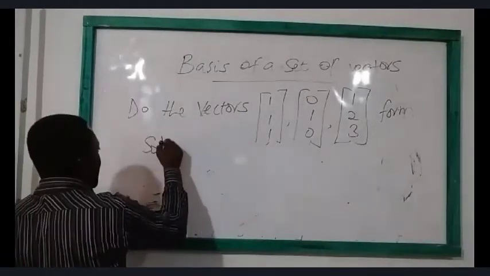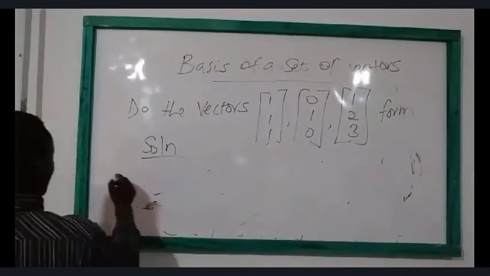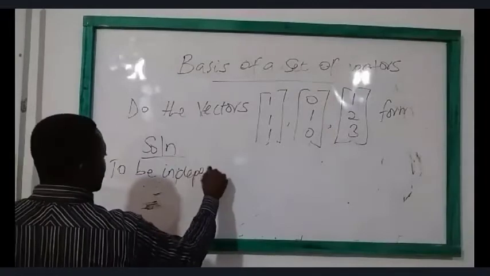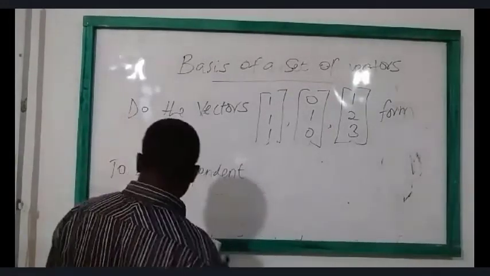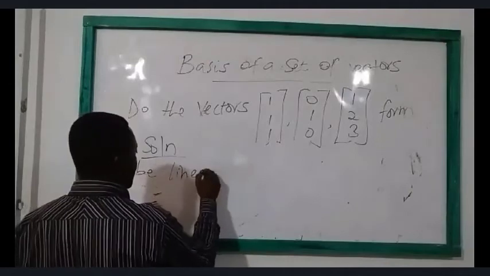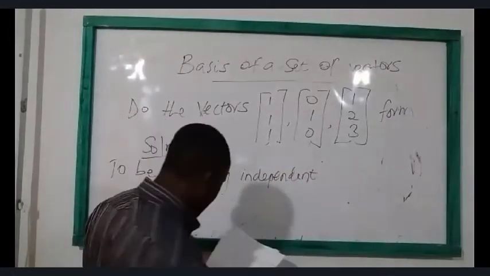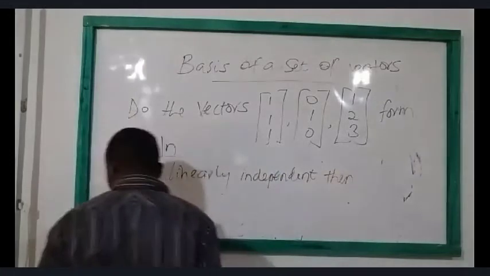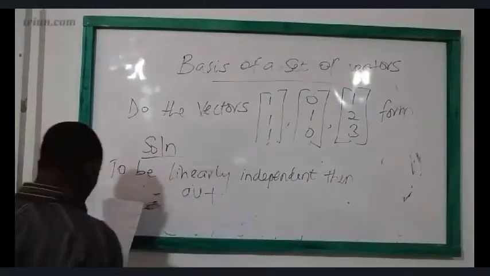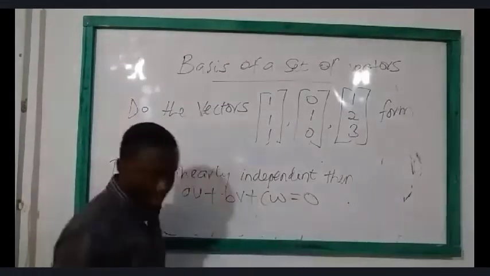So the solution. To be linearly independent, AU plus BV plus CW should be equal to what? 0.